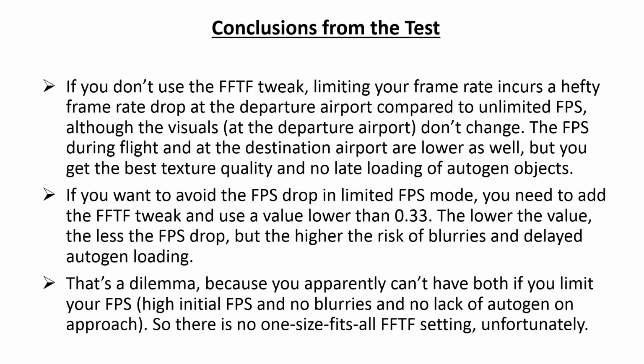For example, if you have an unlimited frame rate at 60 or 64 and you limit your frame rate to 30, you might achieve easily 30 frames per second. The drop in frame rates comes into play when the unlimited frame rate is low to begin with. In that case, the drop will push your FPS even lower.